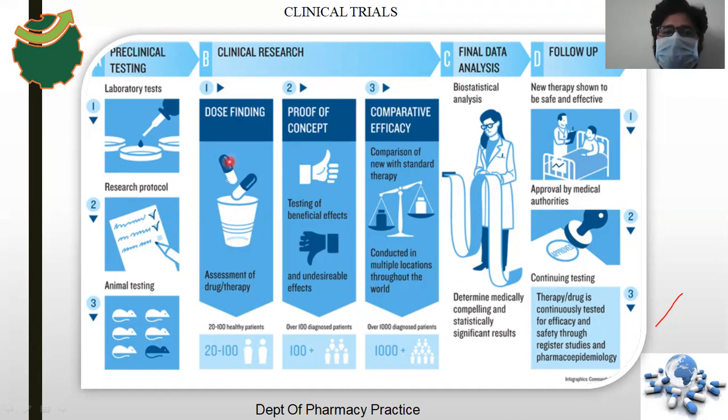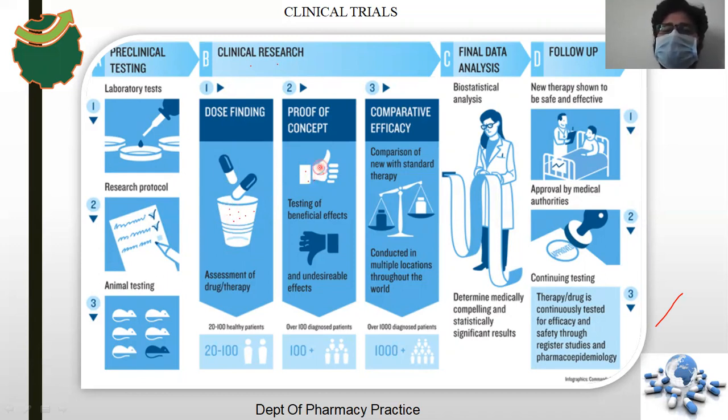And the next phase is clinical research itself. Here, you'll be doing the dose finding in phase one of clinical trials, and apart from dose finding, we'll be seeing the safety of the drug. The safety of the drug is important, so we'll see it in phase one.